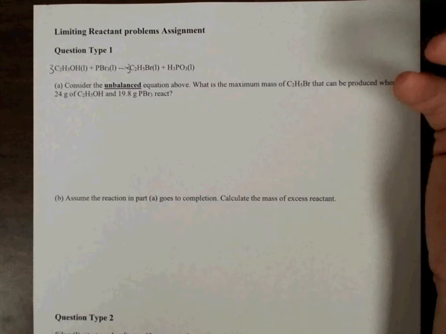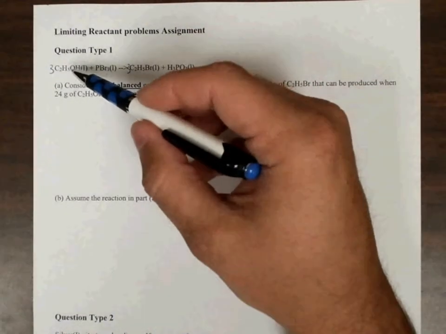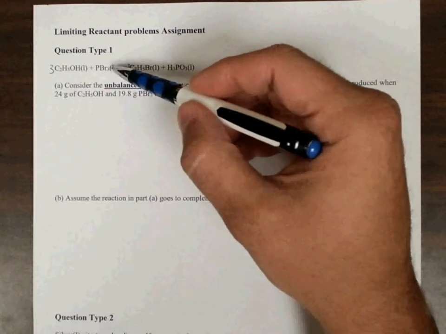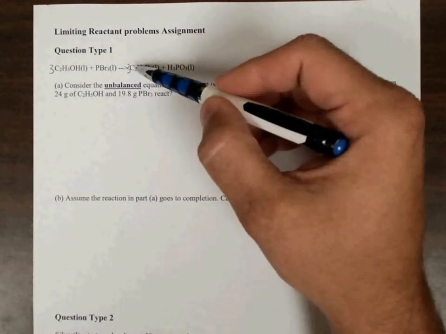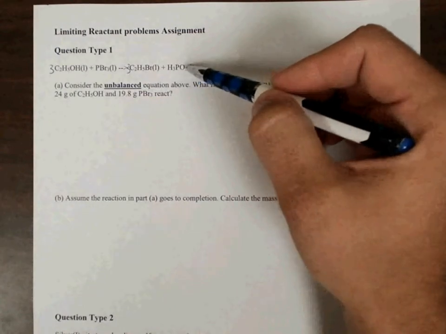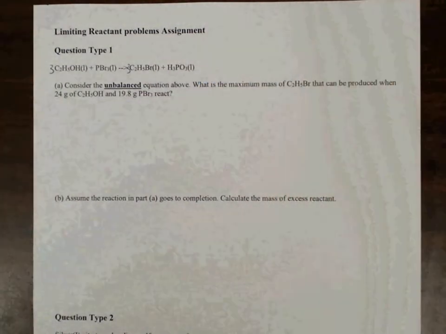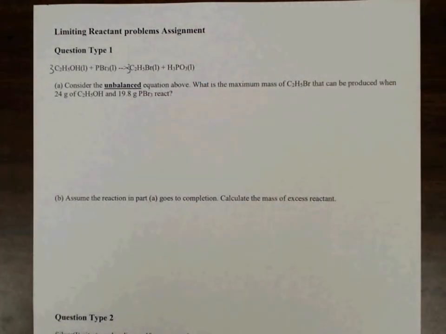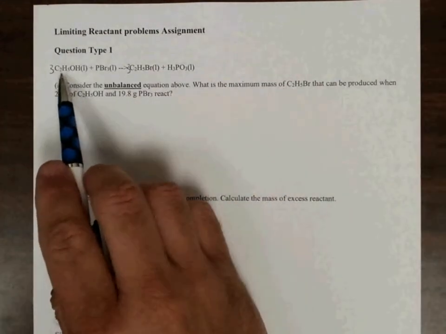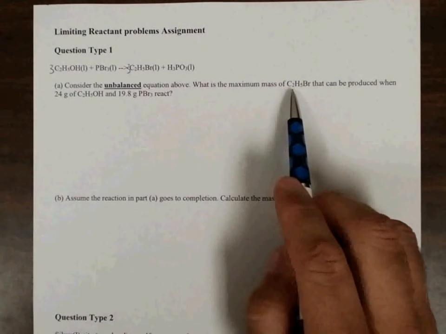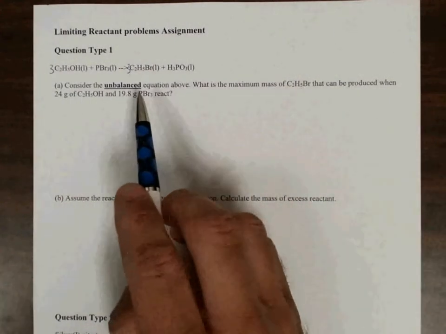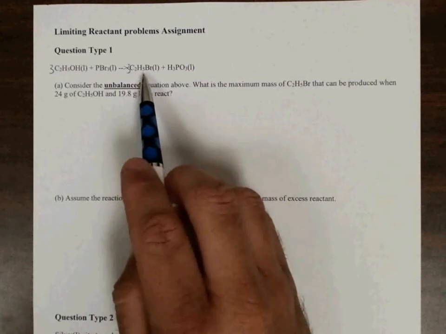So our balanced chemical equation is going to be 3 C2H5OH plus 1 PBr3 goes to 3 C2H5Br plus 1 H3PO3. This is important because we're going to be converting between C2H5OH and C2H5Br, as well as PBr3 and C2H5Br.